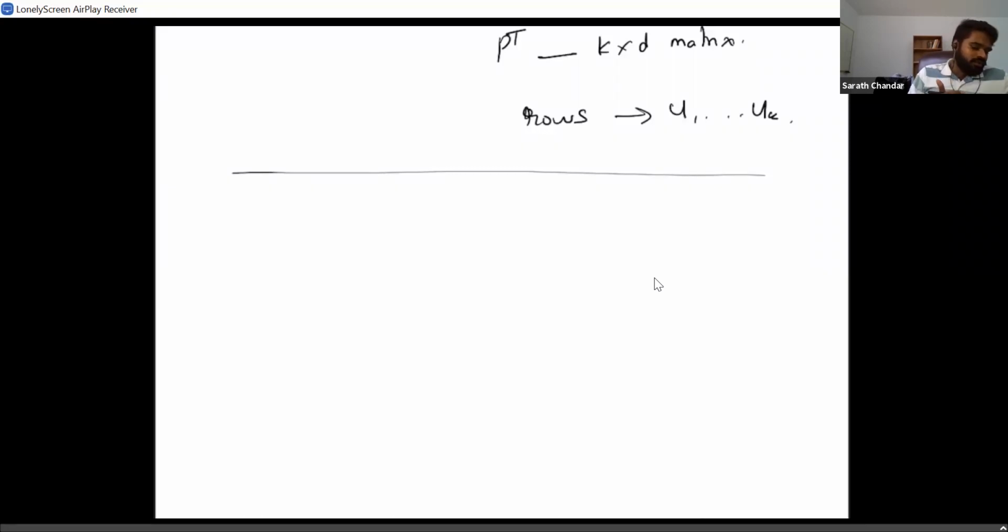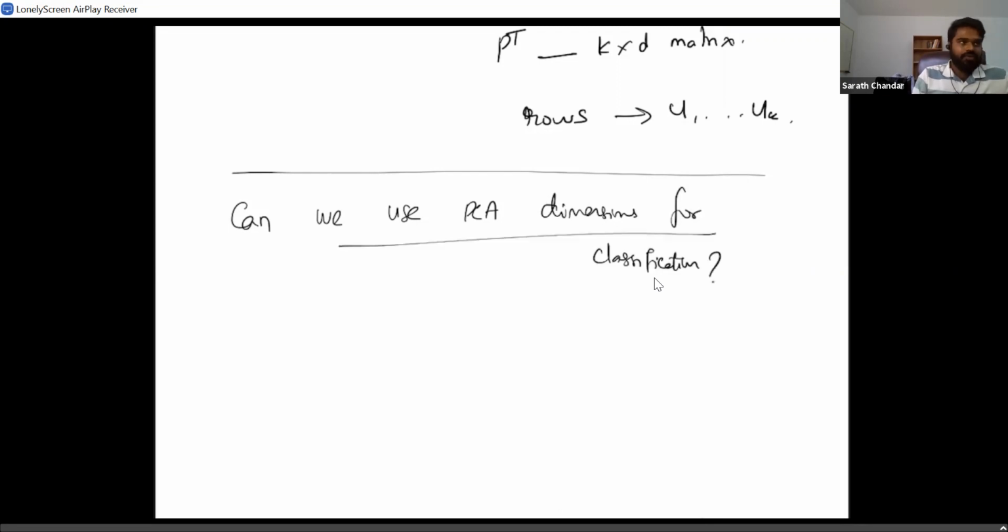Since we discussed a lot about classification in the last few lectures, one obvious question we might be interested in is: can we actually use PCA dimensions for classification? Can I use these PCA dimensions to come up with a classifier? To answer this question, let's take some example data.